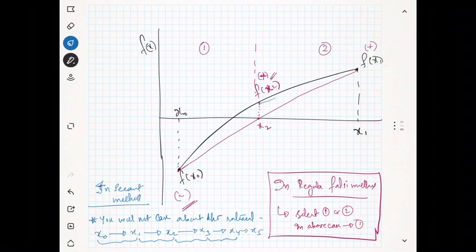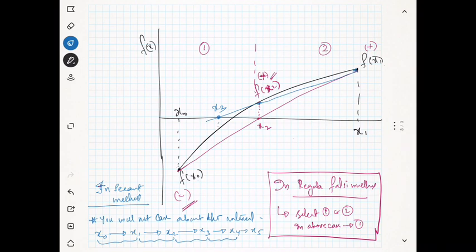You can see this is the point and this is the point. I'm going to draw another secant. You can see it is meeting at the point x3. So at first we have x0, then we got x1, then x2, now x3.